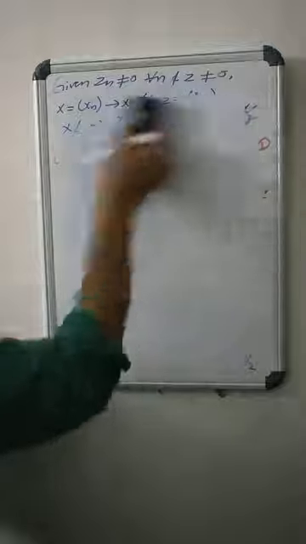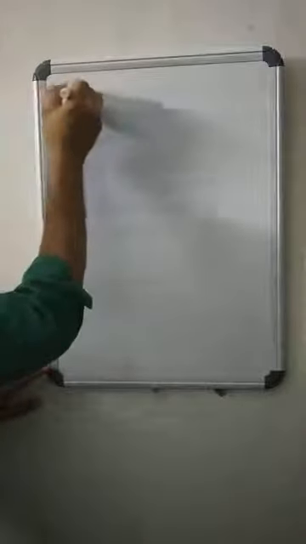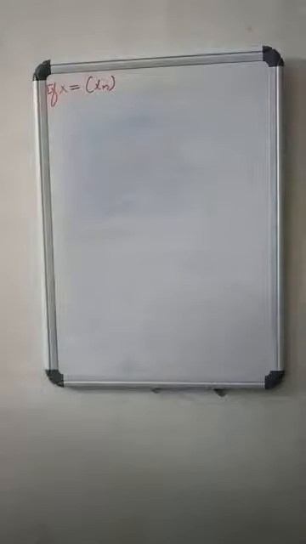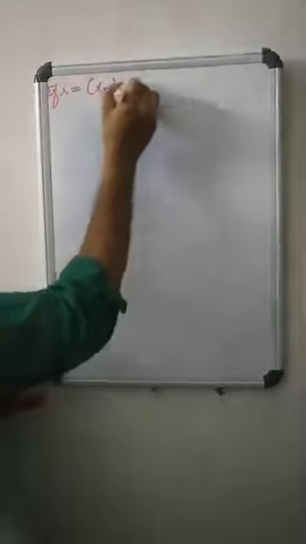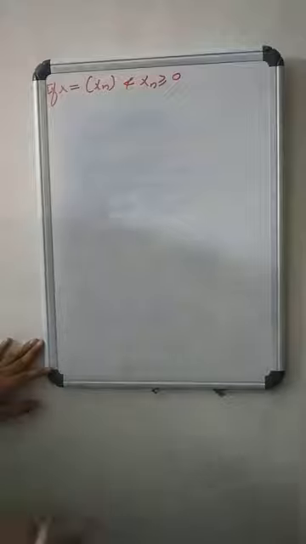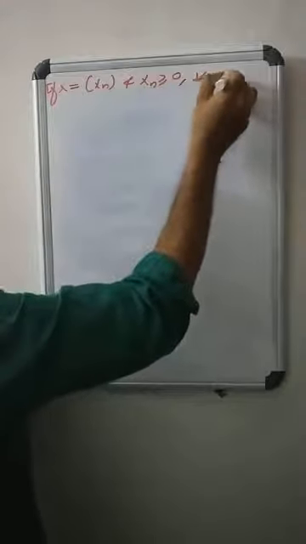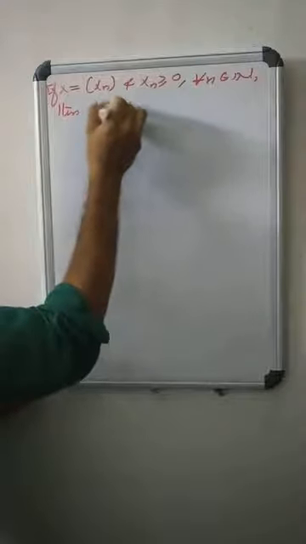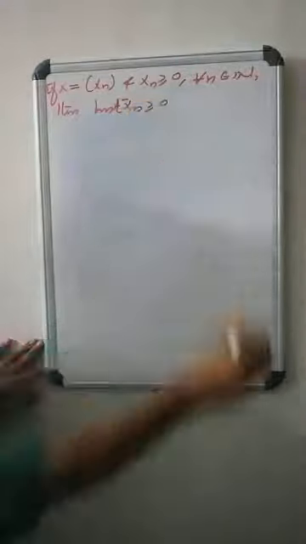Agreed. Now come to another result. Let the sequence xn be a convergent sequence of real numbers, and xn greater than or equal to 0 for all n belonging to N. Then limit xn is greater than or equal to 0.